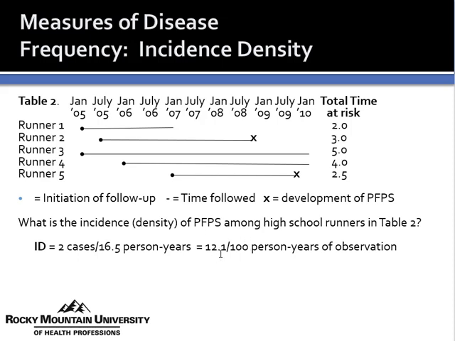Oh, there will be 12.1 cases for every 100 person years of observation, or person years of, in this case, participation. Participation, observation being the same thing. Does that make sense how the math would be done?